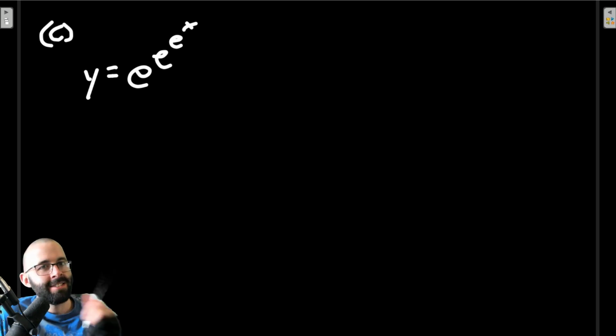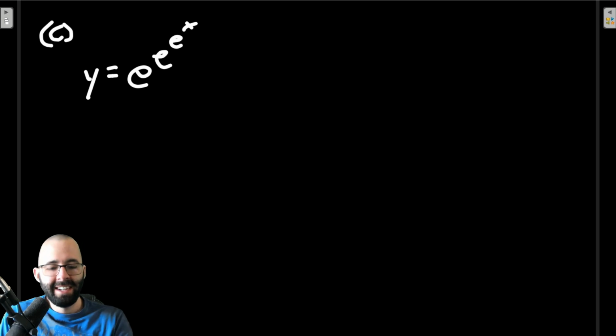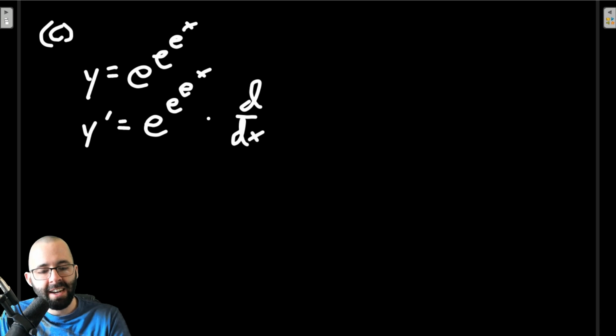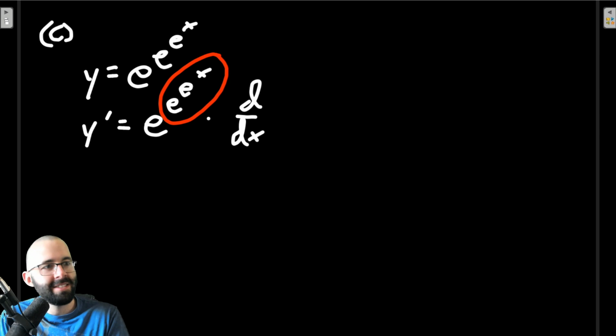Don't freak out. Let's do this in steps. The derivative of an exponential function is itself, no matter how ugly itself might be. But we have to multiply by the derivative of the inside. So multiply by the derivative of the exponent. This is the exponent.